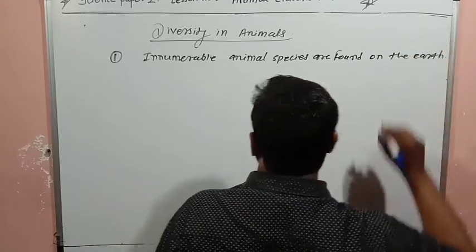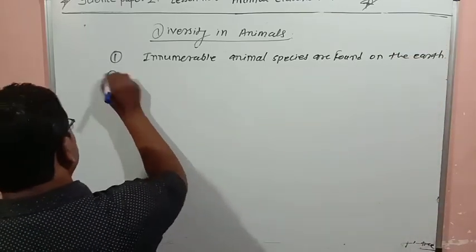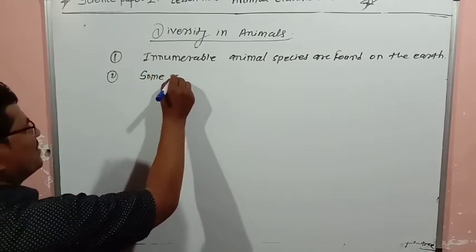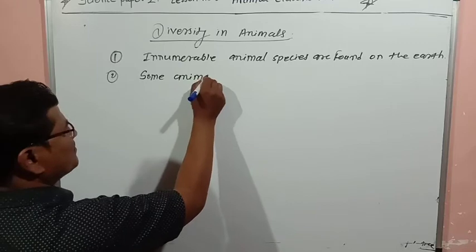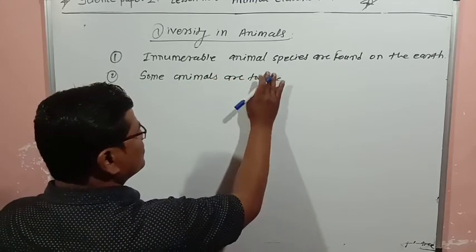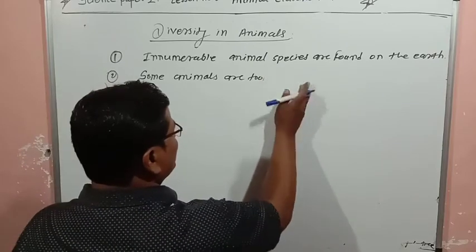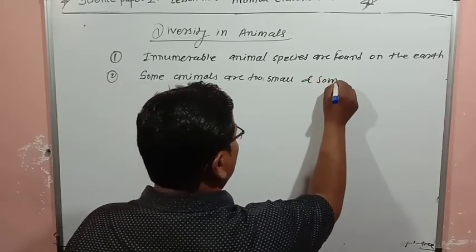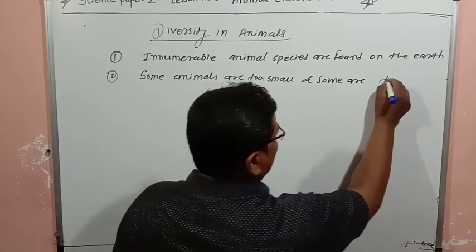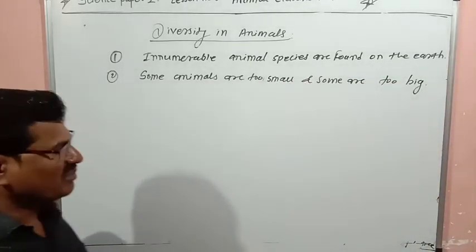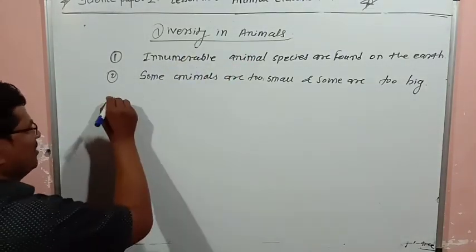Next, some animals are too small and some are too big; some are microscopic, some are so much big.